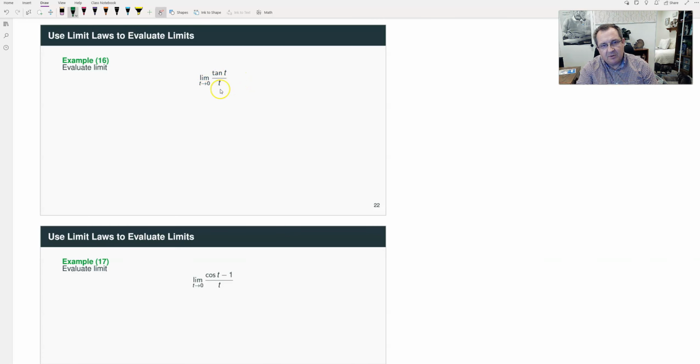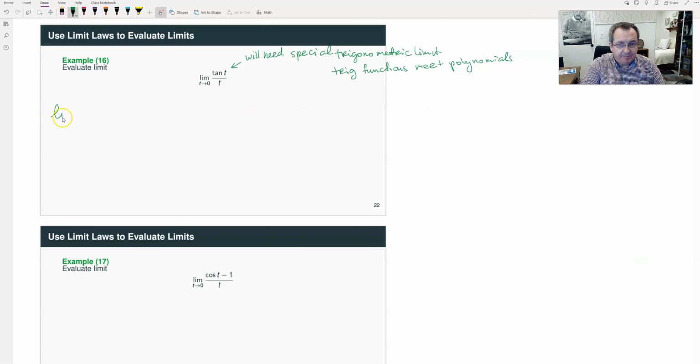Our first example is the limit as t approaches 0 of a fraction, tangent t over t. When we see a fraction that mixes trigonometric functions and polynomials, it should immediately ring a bell. We will have to use the special trigonometric limit, because we see that trig functions meet polynomials.